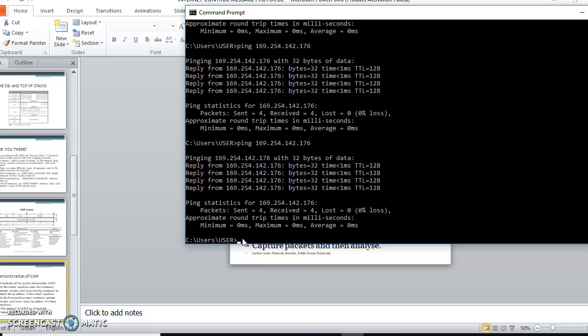Okay, so we sent 4 packets of data and we received 4, which means 0 were lost. The time to live was 128, and each packet is 32 bytes. And that's our IP address right over there. Okay, so now let's go to Wireshark and see.